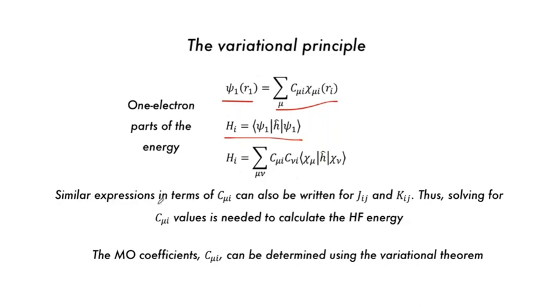Similar expressions in terms of C mu i can also be written for Jij and Kij. Thus, solving for the coefficient values is needed to calculate the HF energy because it exists in basically all of the terms. C mu i is the measure of how much that molecular orbital contributes to the overall system.